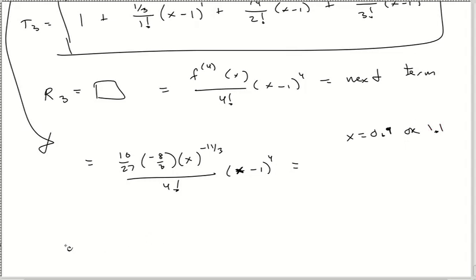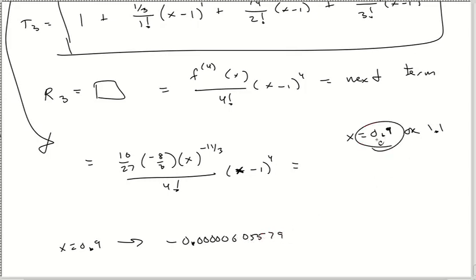Well, I plugged in x equals 0.9 and it worked. I guess that was the bigger one. Maybe they're the same, I can't really remember. But I got -0.000605579.